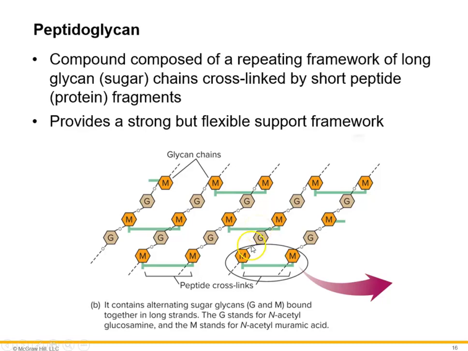And it creates kind of a lattice. And what the cell wall is, it's multiple layers of this lattice, of this framework, layer upon layer upon layer. And it provides structural support and rigidity to the cell.